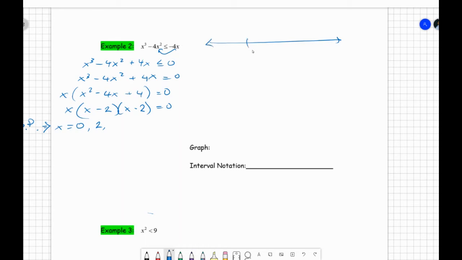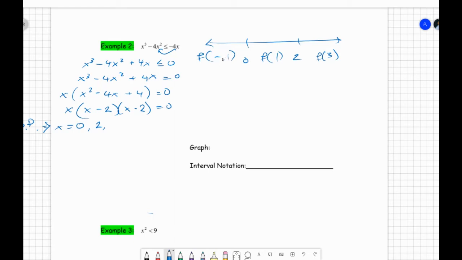Draw a number line, 0 and 2. Okay, so here we're going to see that we need to pick some numbers. So I'll pick -1, 1, and 3. And we're going to evaluate at these points.